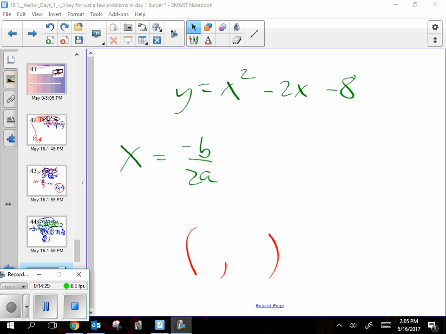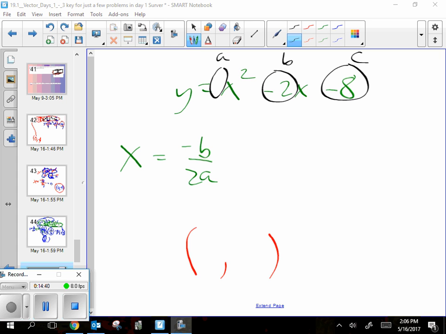I was asked a good question. They were not sure which one A was because it seemed like there's nothing there. It's always A, B, and C. Do you get that they're just in order alphabetically? So what if there's nothing there for the A? What is it then? It's a 1. That's correct.